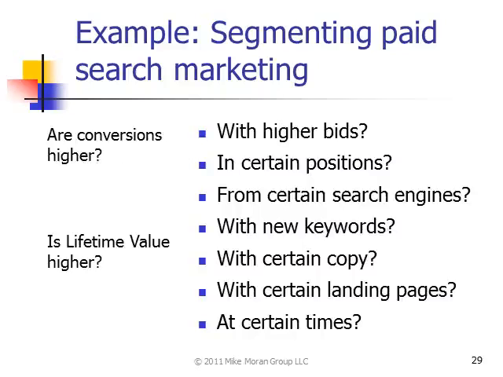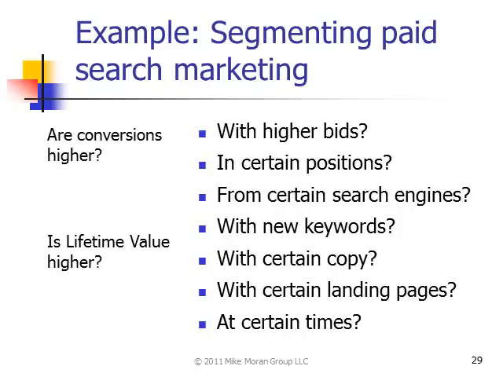So let's look at some examples of how to use segmentation. What is the kind of segmentation that we're talking about? We want to think about it both for transactional and relational ROI.